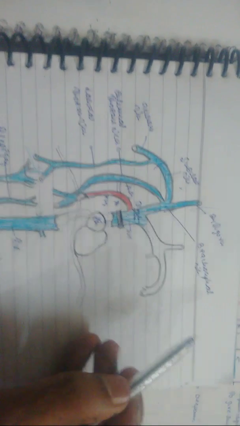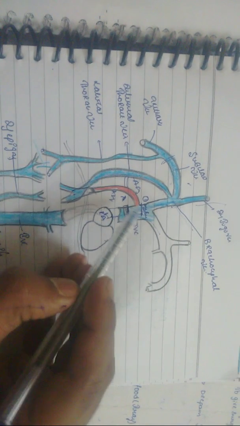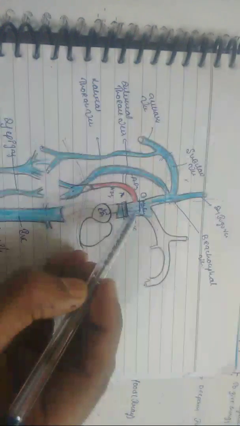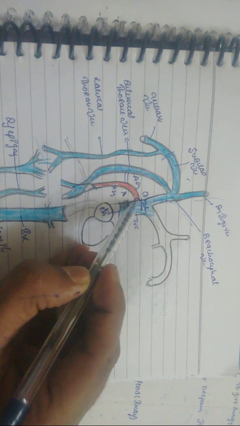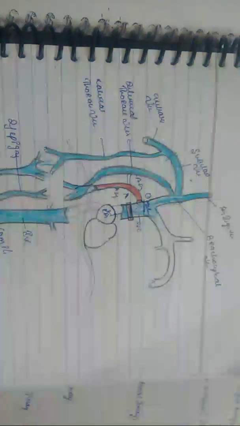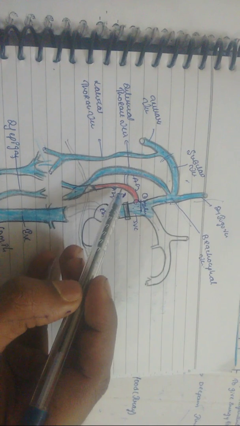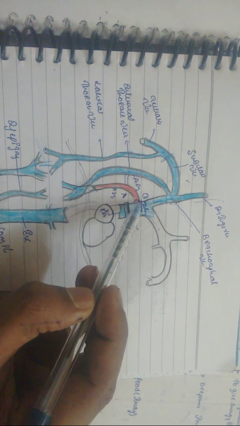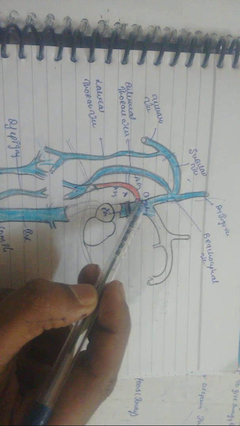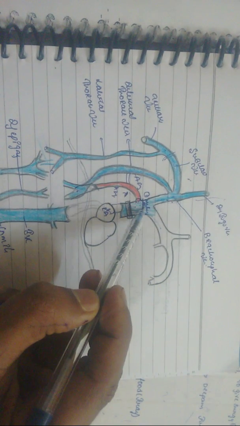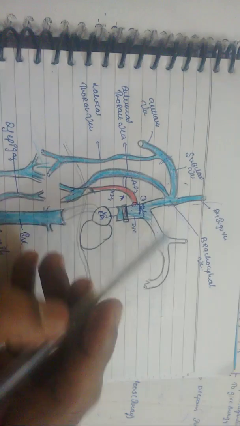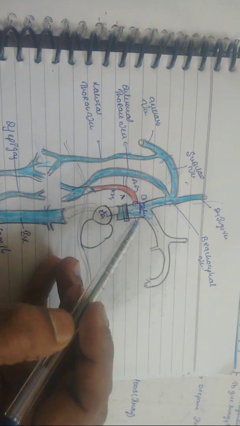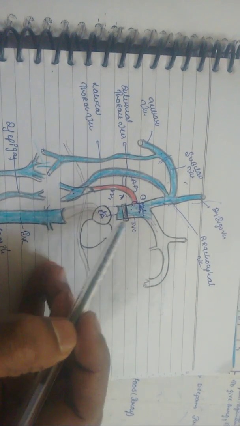Let us see what it is trying to tell us. Now we are dealing with the obstruction above the opening of the azygos vein. This is the azygos vein, where the blood from the thoracic intercostal veins is drained, and from there into the superior vena cava. If there is an obstruction above the opening of the azygos vein, this route is blocked. So how does the deoxygenated blood ultimately go into the heart?